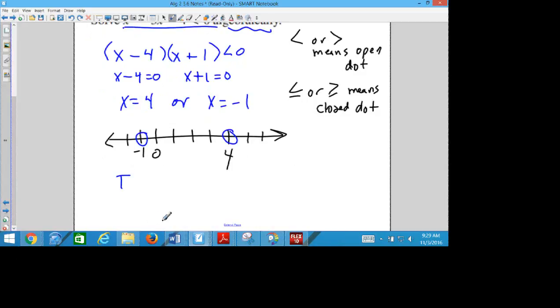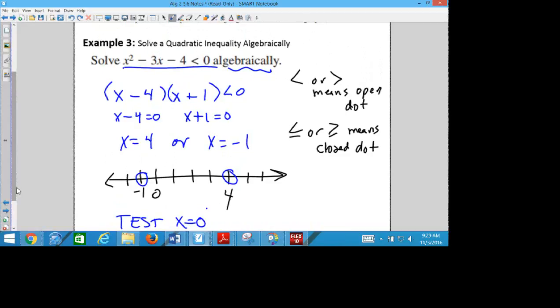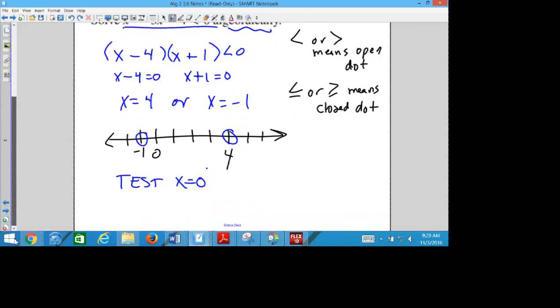What point could we test that is not one of those dots? Well, it's just x equals 0. I'm going to write it that way, because this is only on the x number line, so we just need to test x equals 0 to see if it works. So we're going to plug 0 into the equation: 0 squared minus 3 times 0 minus 4.